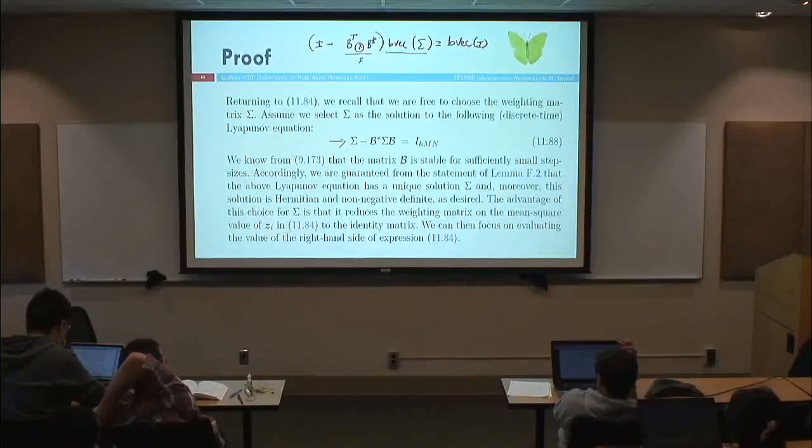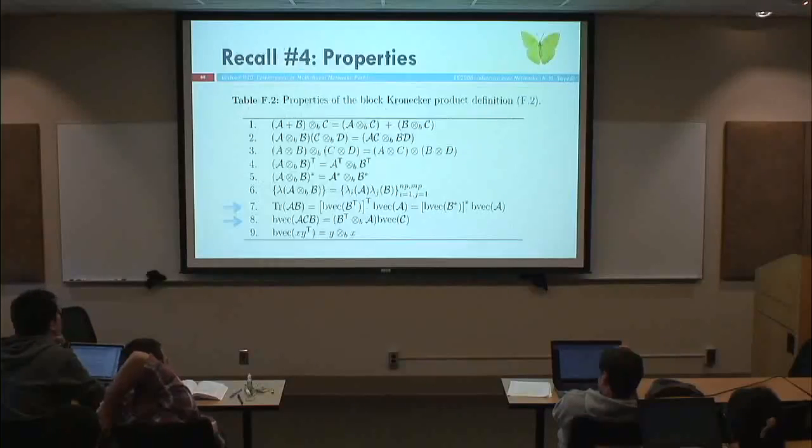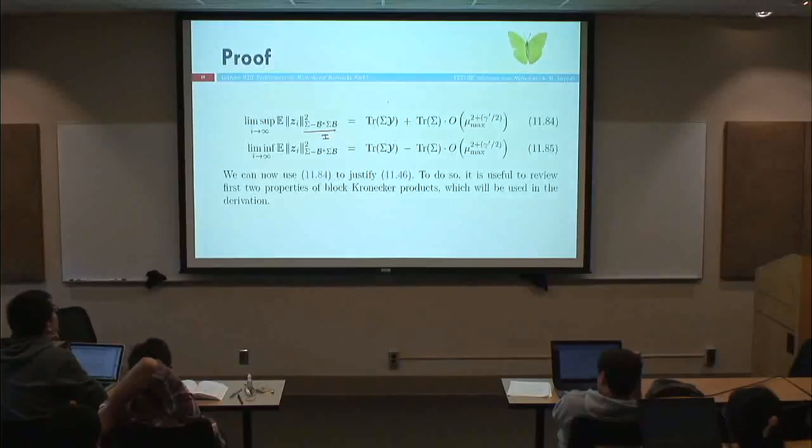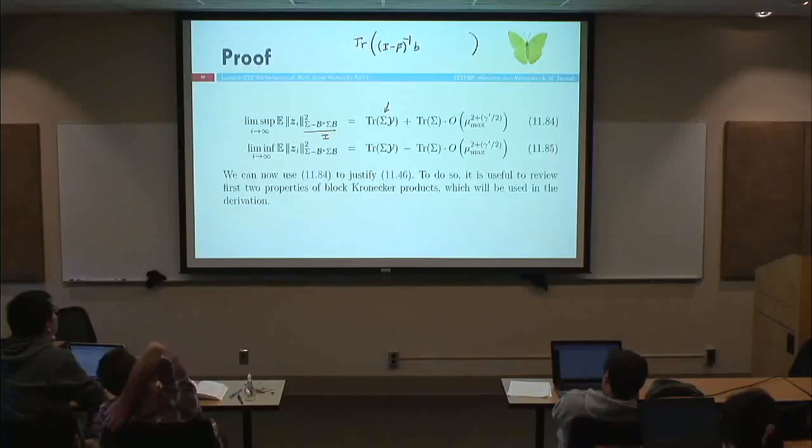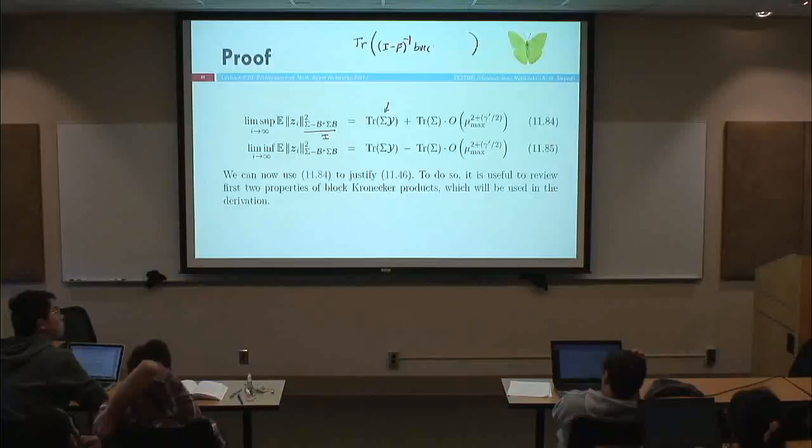Well, if you come here and replace this by I minus F inverse b vec of I... Oh, by the way, the trace of sigma y is the b vec of sigma, right?